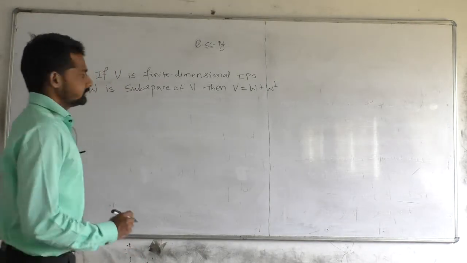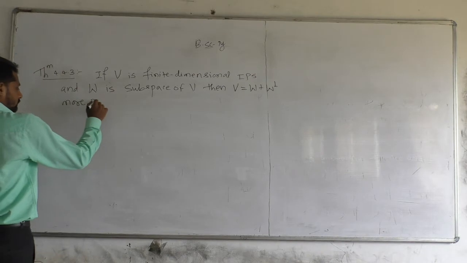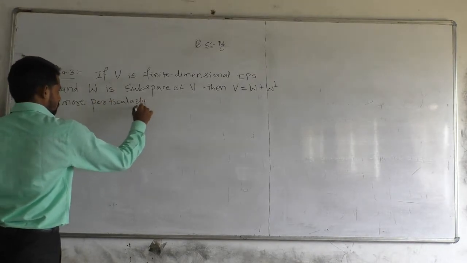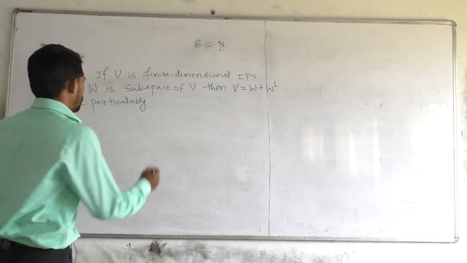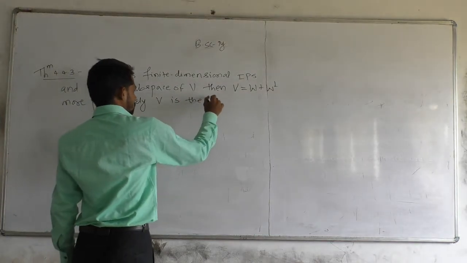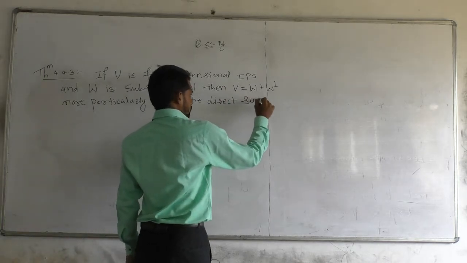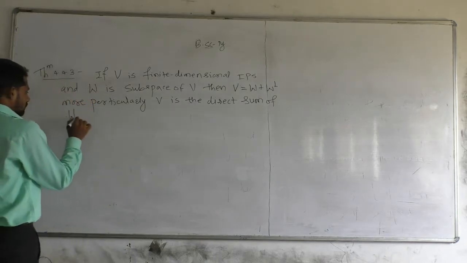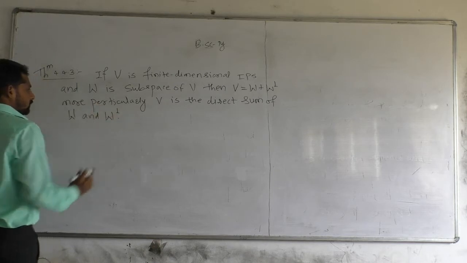More particularly, V is the direct sum of subspace W and its orthogonal complement.